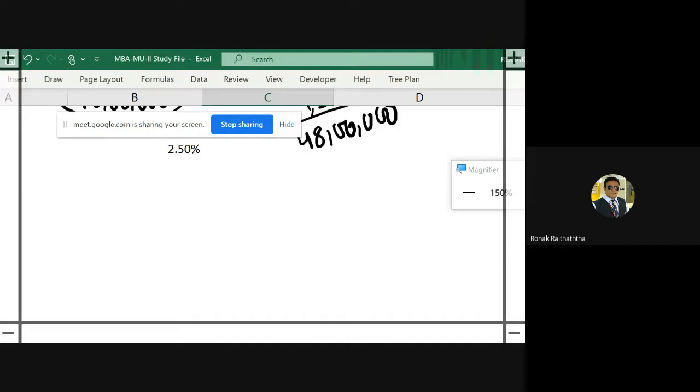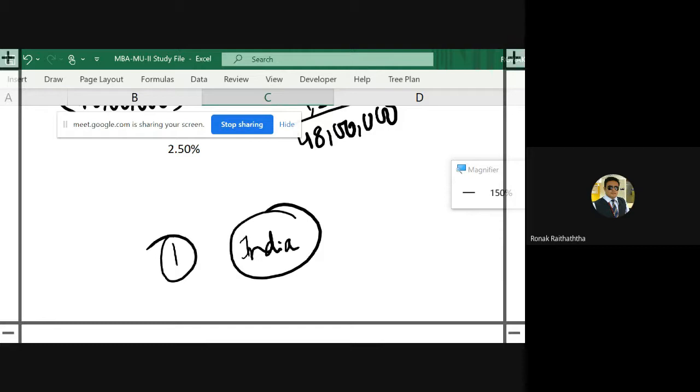See, if I give you a very simple example, there is a team called India. Earlier, people used to believe that there is no replacement for the god of cricket called Sachin Tendulkar. How will India perform if there is no Sachin Tendulkar, no Rahul Dravid, no VVS Laxman, no Zaheer Khan?